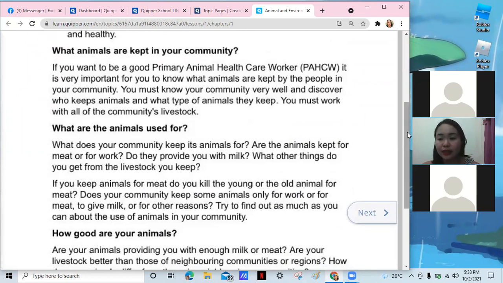In your subdivision or any subdivision in our country, animals are really not allowed. Even dogs, although dogs are allowed, there are also villages that don't allow dogs, especially in malls and supermarkets.